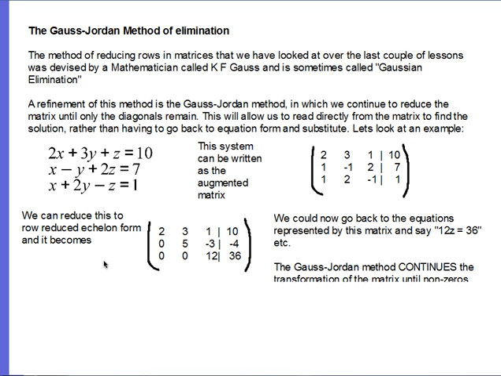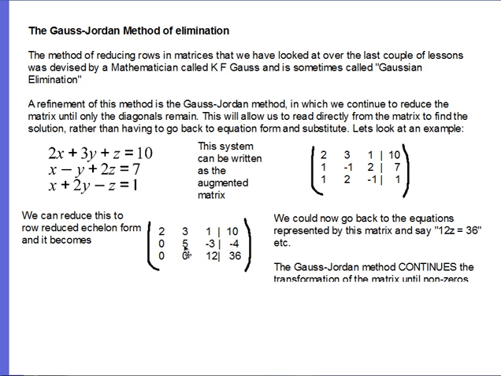We could stop there by going back to the equations represented by this form of the matrix. So for example, saying 12z equals 36, so therefore z equals 3.